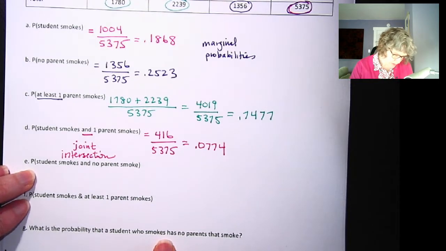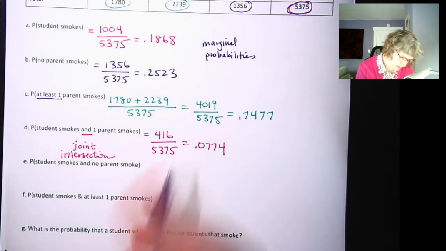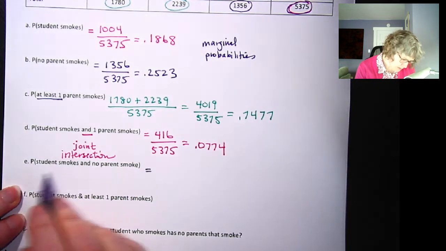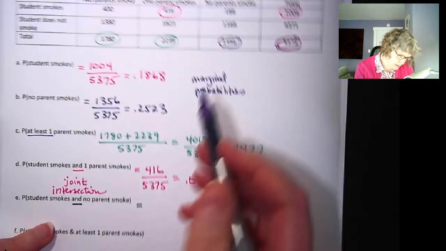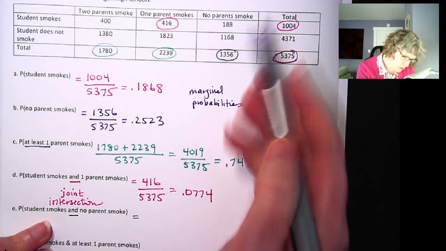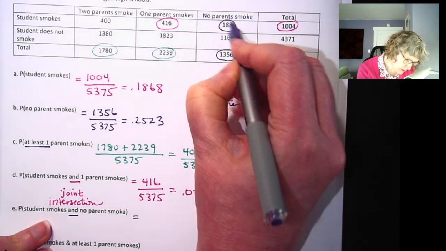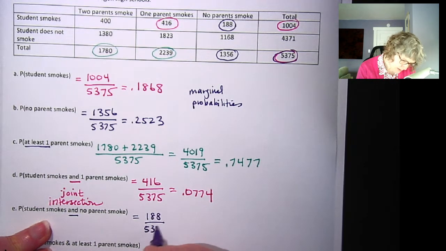Student smokes and no parents smoke. What's another joint? Student smokes and no parents. So that's going to be this one: 188 over 5375.